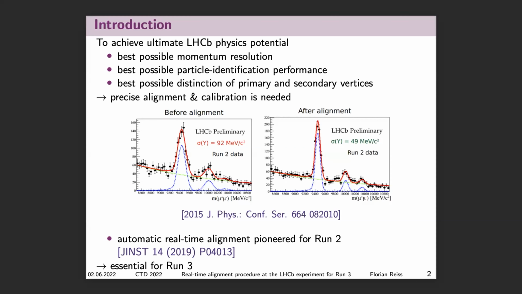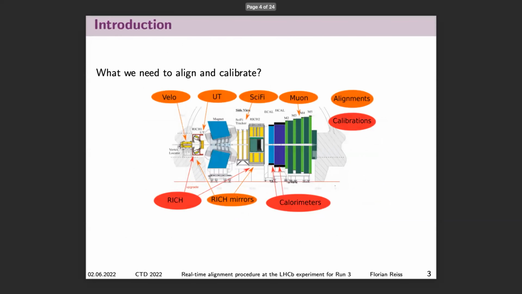In addition, we didn't run this offline, but for Run 2 already we developed this automatic real-time procedure, which will be even more essential for Run 3, as I will tell you. But first, let's go through the alignment and calibration steps and what we need to do here.